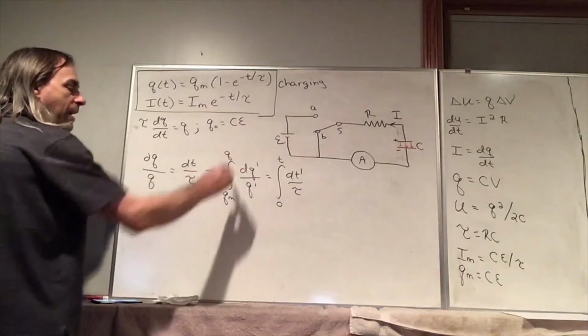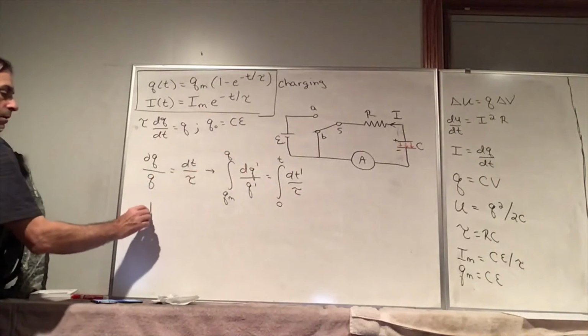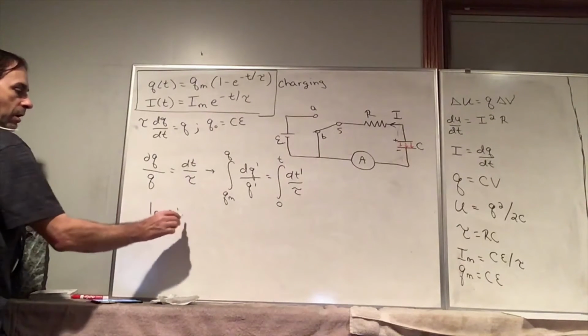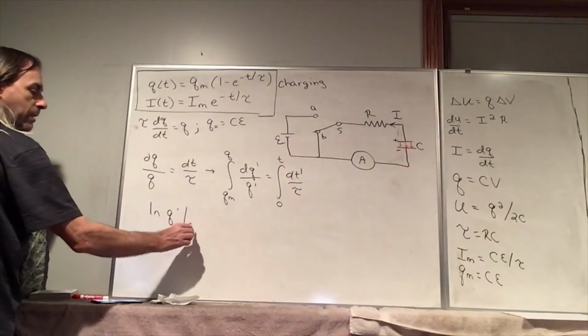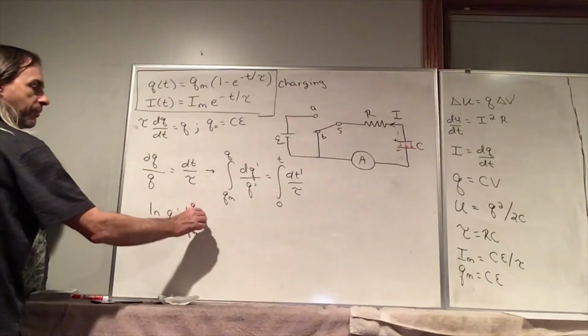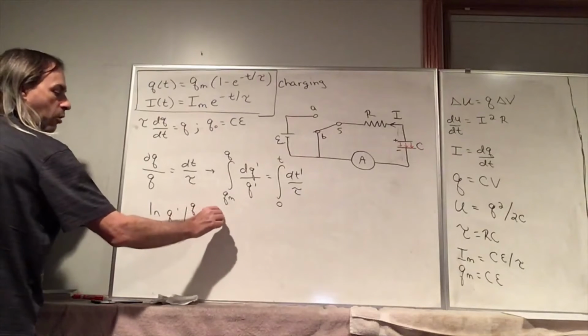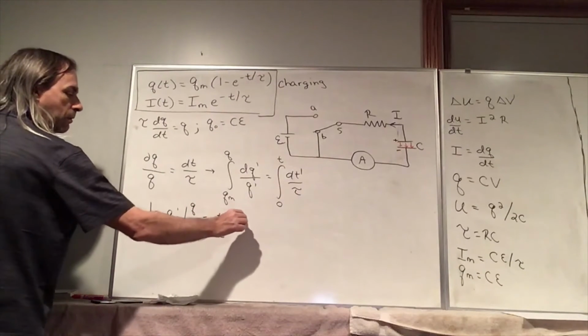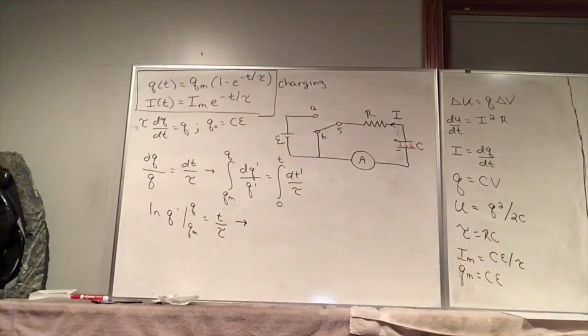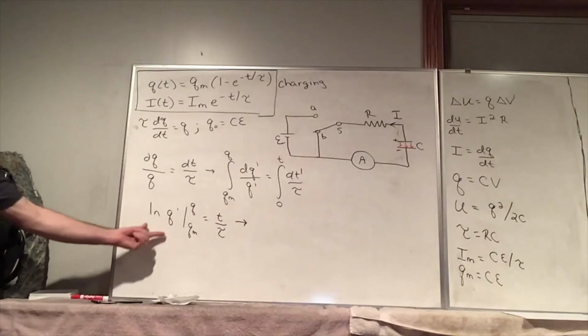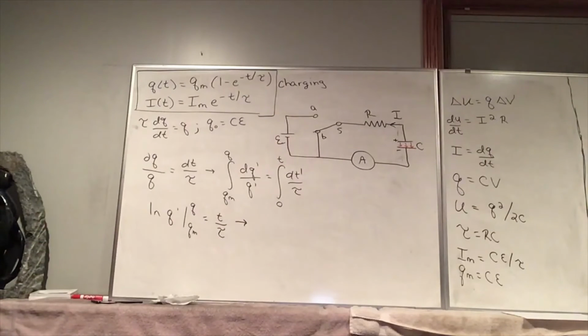On the left side, we have the natural log of q prime from q max to q, and that's equal to t over tau. The integral of dt is just t, evaluated from 0 to t. And t over tau is dimensionless, just a number, which is good, because we're taking a natural logarithm. That should only give us a number.